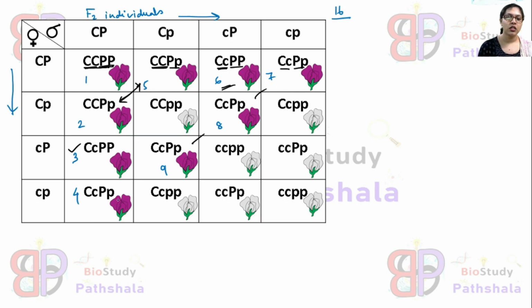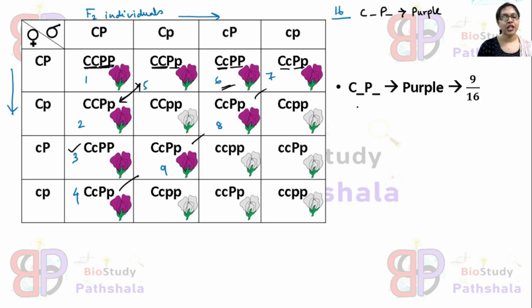These four have the same genotype, and from this data we can say that one dominant C allele with one dominant P allele results in the formation of purple color. So capital C dash, capital P dash results in purple coloration, and with this particular genotype the number of individuals is 9 among 16.